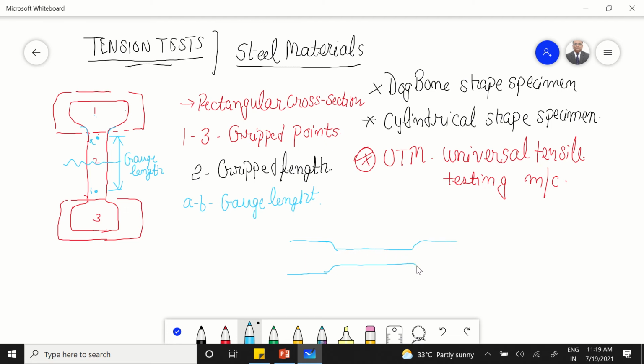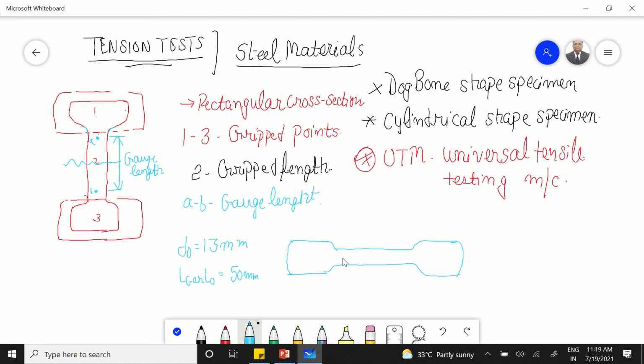So this is a cylindrical specimen. Normally, according to the standards used to perform the test using the cylindrical specimen, the initial diameter used in preparing the tensile test of steel materials is about 13 millimeter. And the gauge length, which we call LG or L naught, is roughly about 50 millimeters.